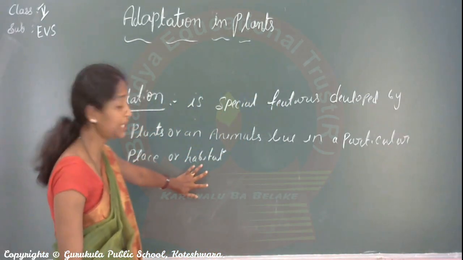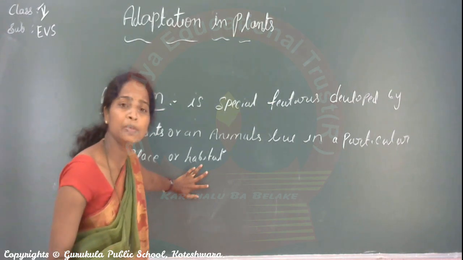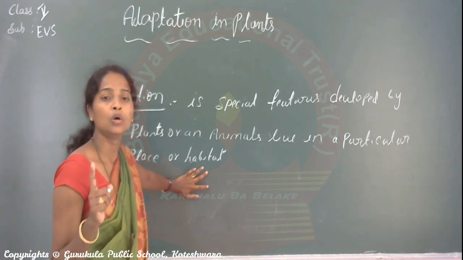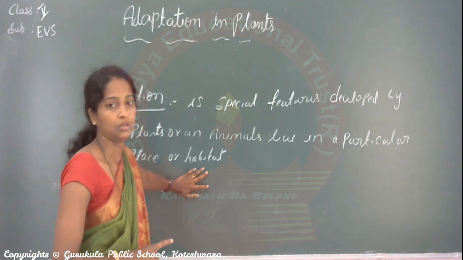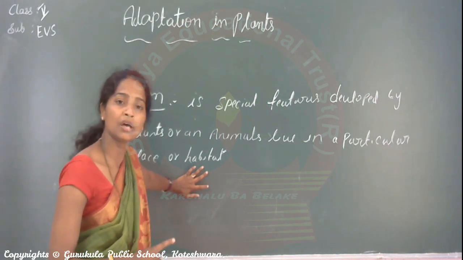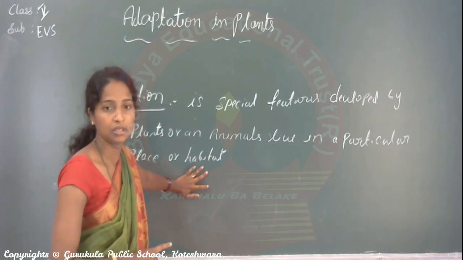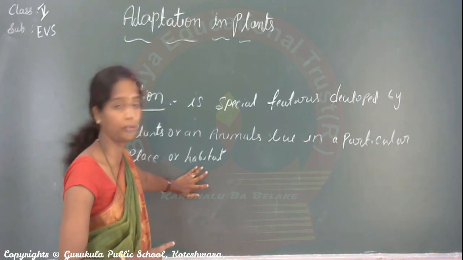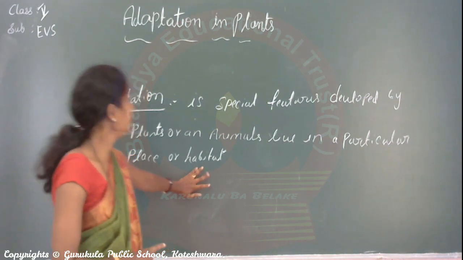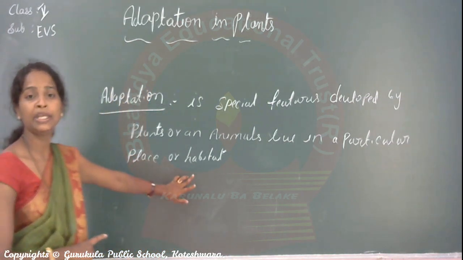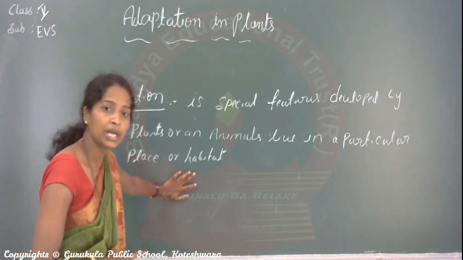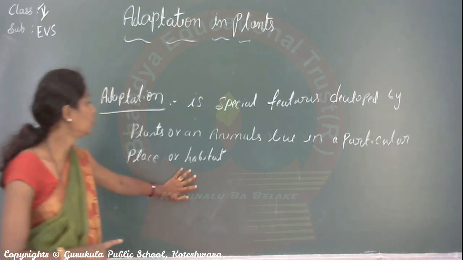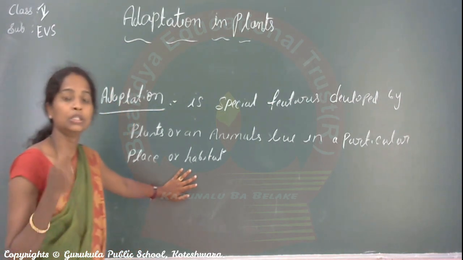What is a habitat? Habitat means the home, the natural home of the plants or animals. See, according to their habitat, we have classified plants into two types.